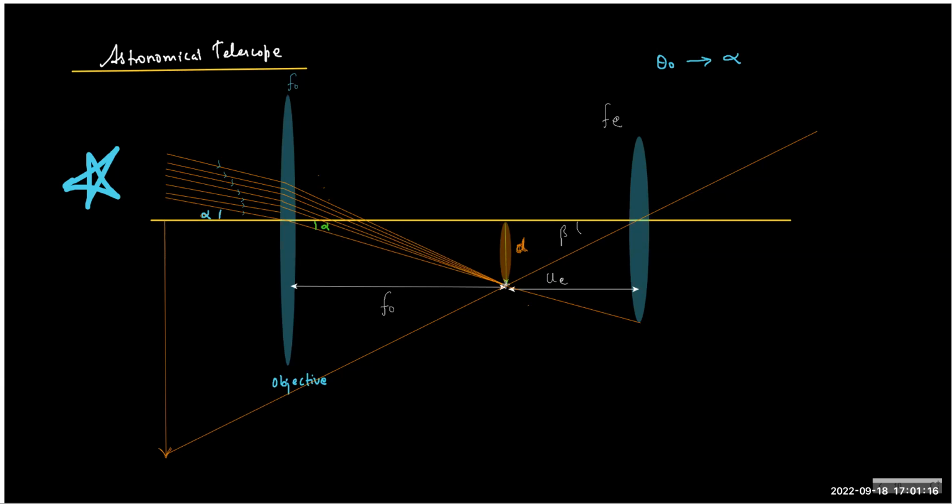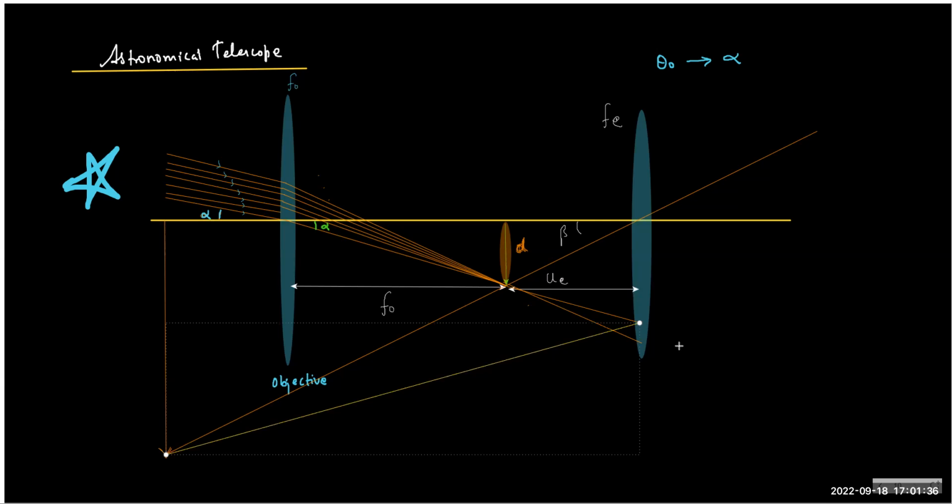Now I'm doing some artistic jugaad actually. One more change, I need to extend the lens. And the last thing is I will join this point to the tip. Yeah, it's fine. And we'll extend this line here.